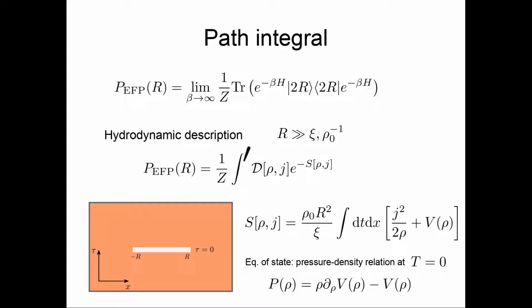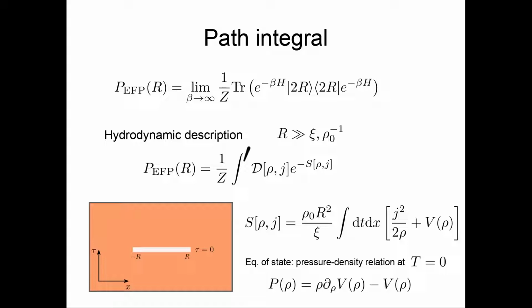So path integral, hydrodynamic action, essentially I write it made of two terms. One represents the kinetic energy of the particles, and this is the same for all Galilean systems. And the thing which characterizes the system itself is this term here, which is the internal energy related to the pressure.